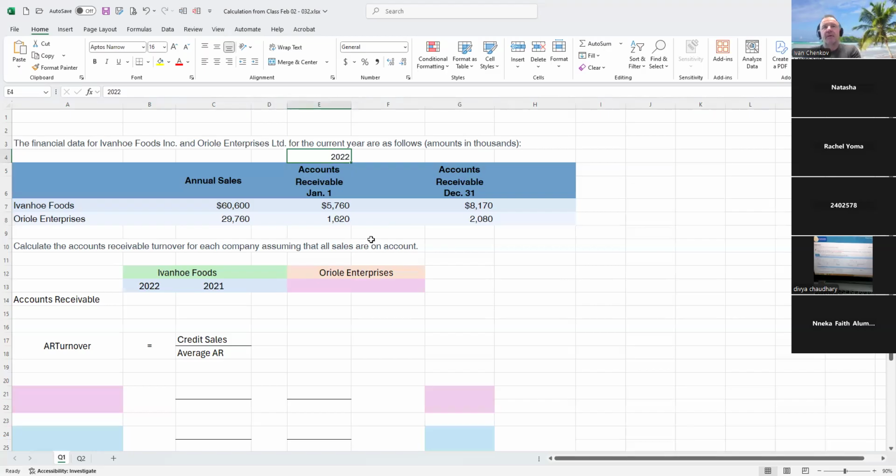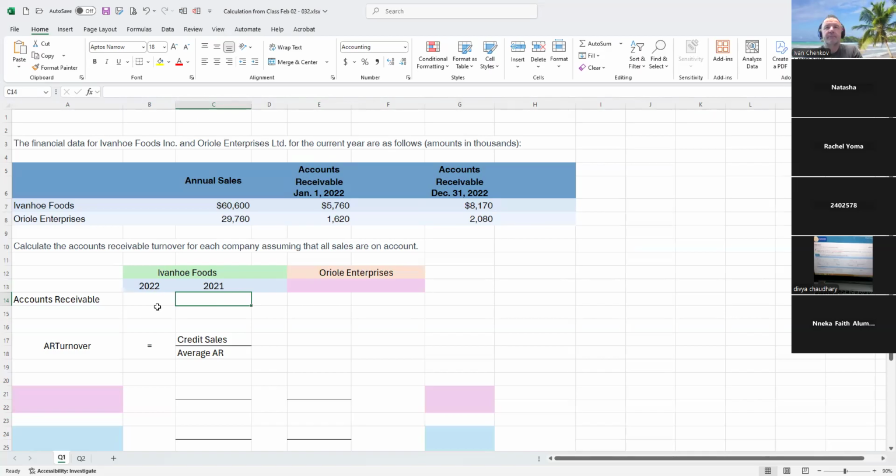So now January 1st, 2022, and then let's say December 2022. In this case, which one is the ending balance for 2022 and ending balance for 2021?